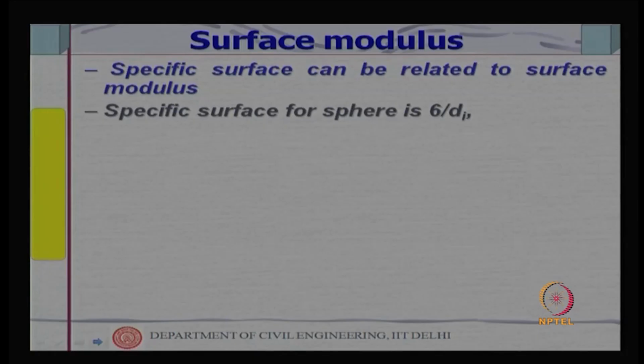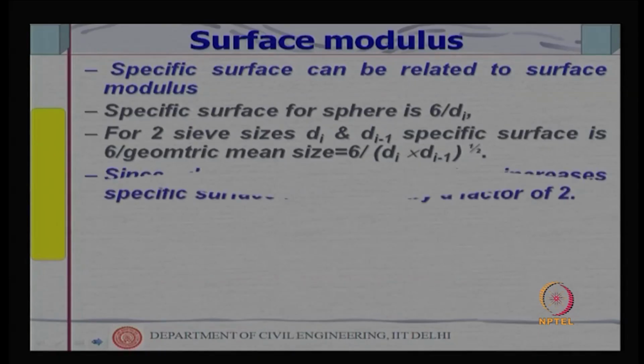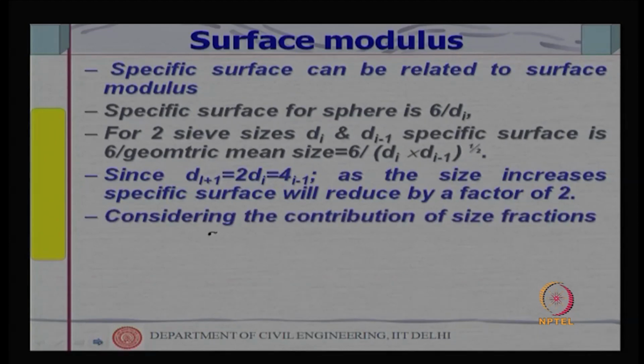Here we are defining the specific surface as the surface area per unit volume. So, specific surface for each particle can be defined, and then we can define the surface modulus again in terms of a kind of weighted function, and we will look into this in the next class.